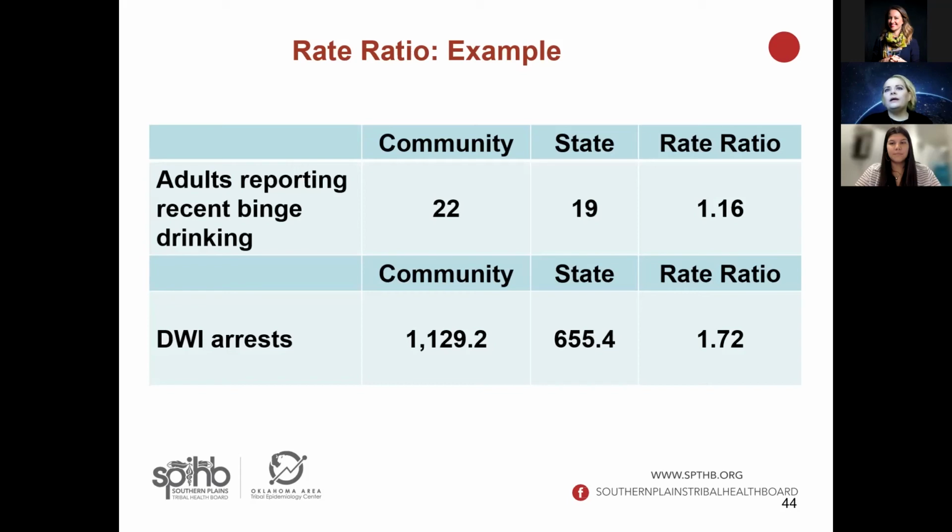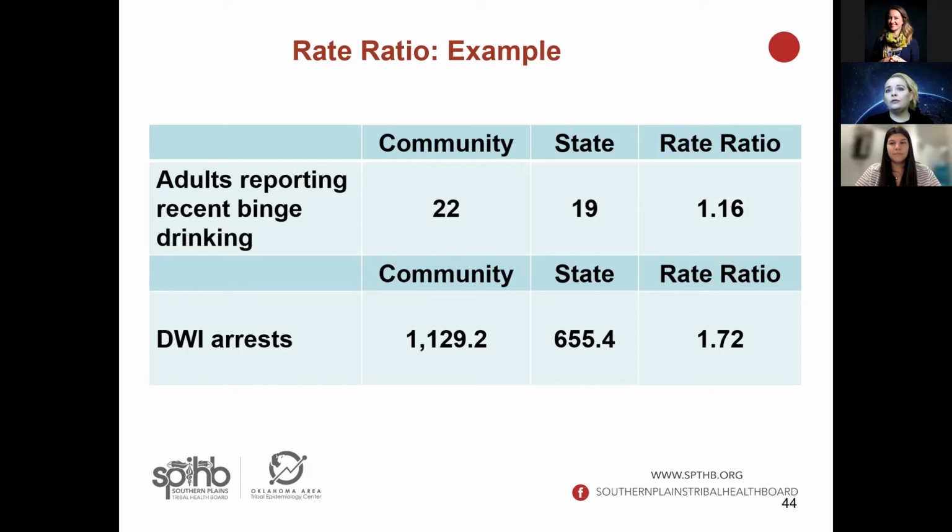The important thing I think to note here, and this is something I saw that some people don't consider, is when you're doing a needs assessment and you're looking at a bunch of different substances. Say for alcohol you have these ratios here, but say for meth, your community is 6.2.